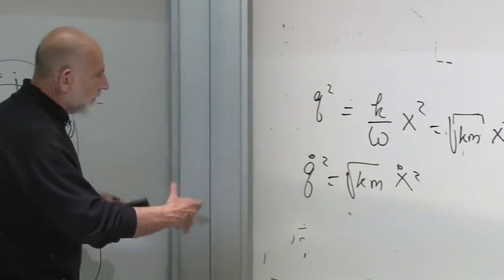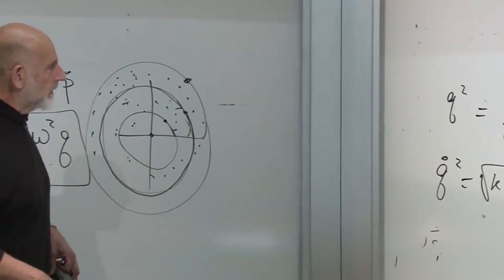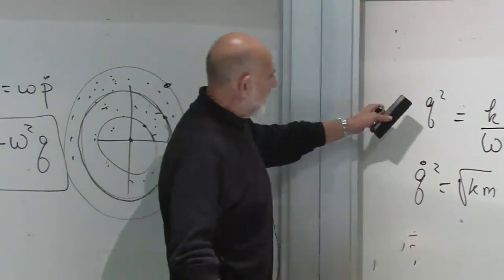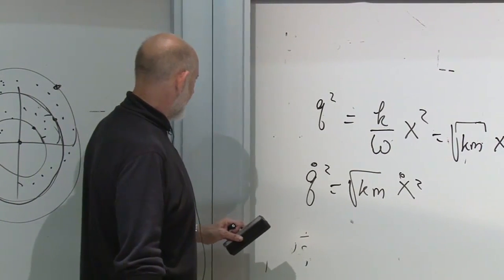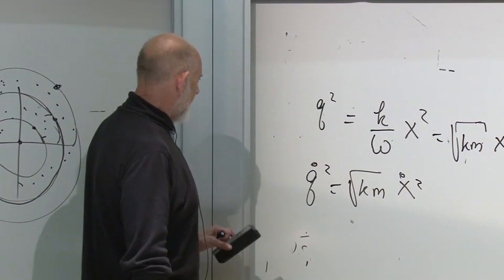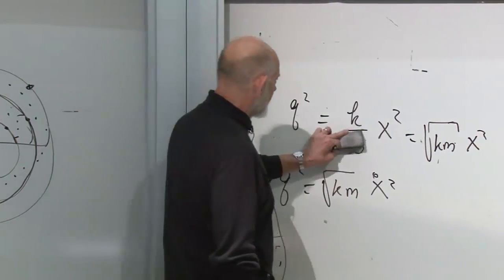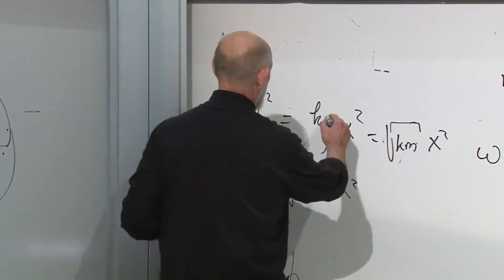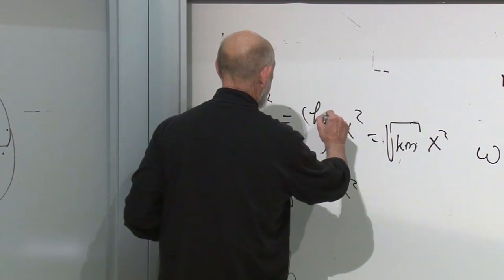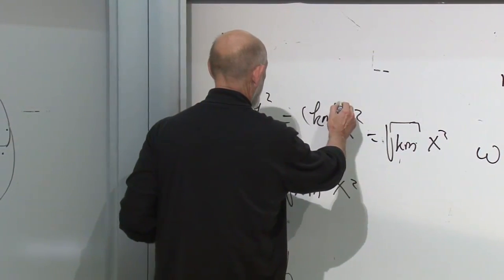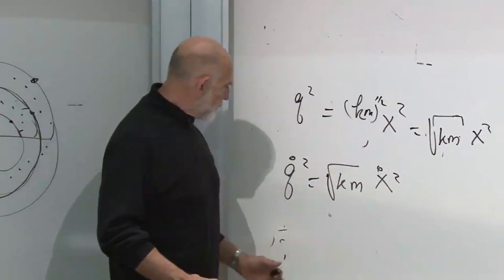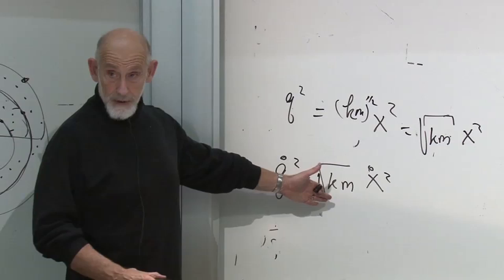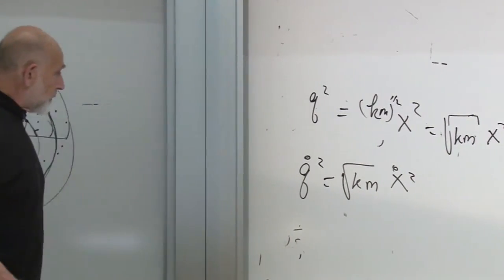If q is equal to k over omega, which is square root of km, and I take the square root of this and time differentiate it, it will just become this. All right. So that's q dot squared.